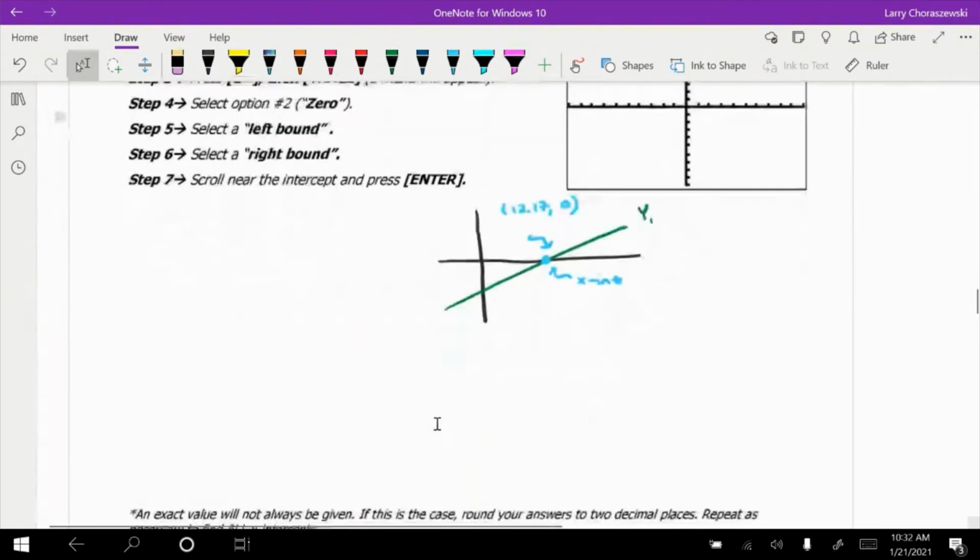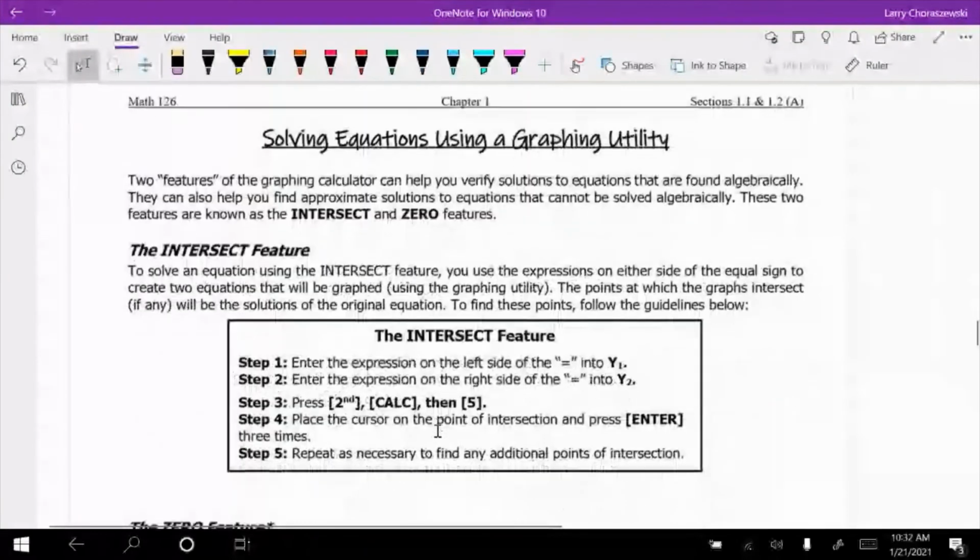And there are 2 features of the graphing calculator that you can use to solve equations. I do have a little bit of wisdom as to which one you would use over the other, and that's really based upon how the equation is written. But the 2 features the calculator has which help us solve equations are known as the intersect and the zero features.